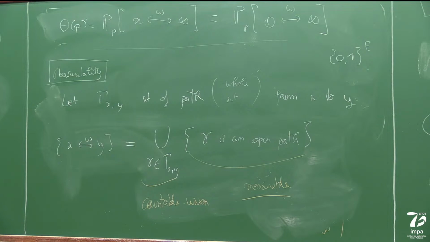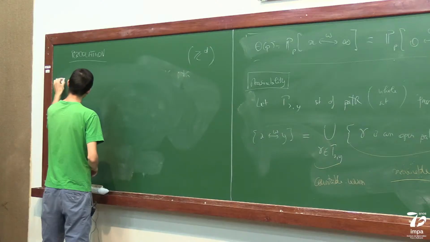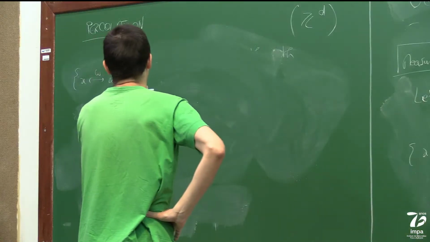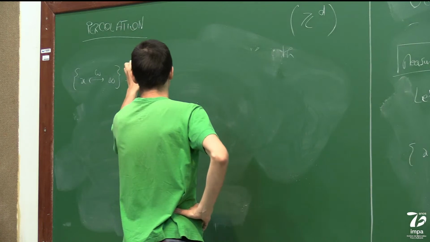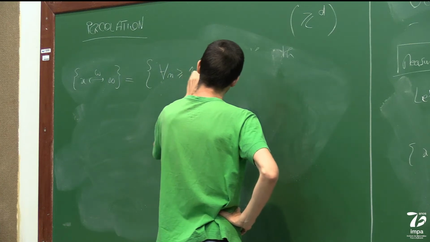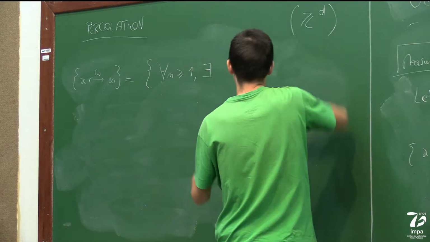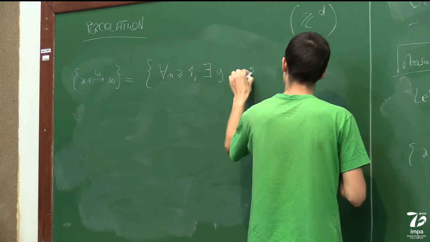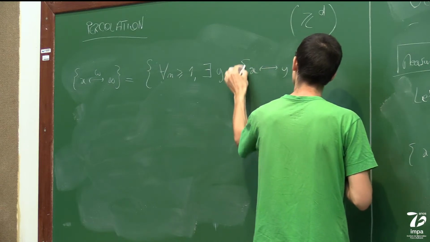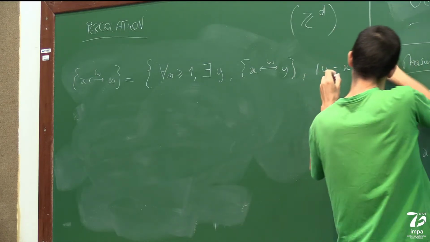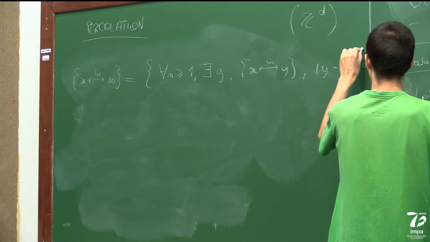Now, if you look at the event x is linked to infinity, this is the same thing as saying that for every n larger than 1, there exists y such that x is connected to y and the norm of y minus x is equal to n.